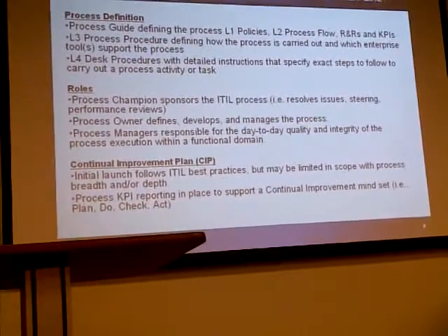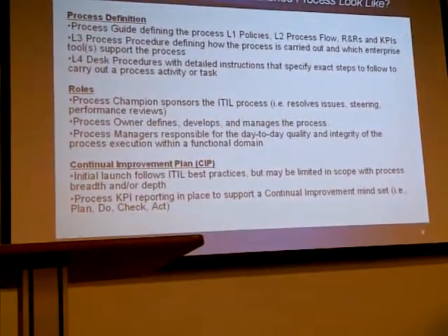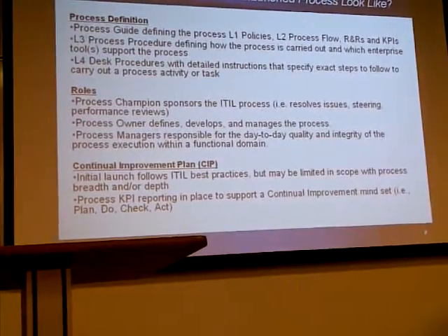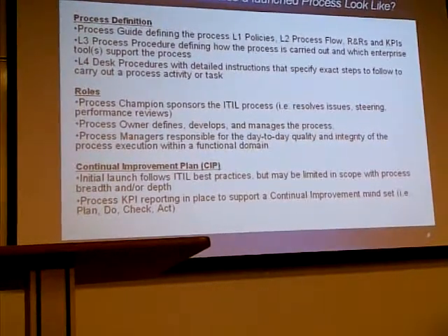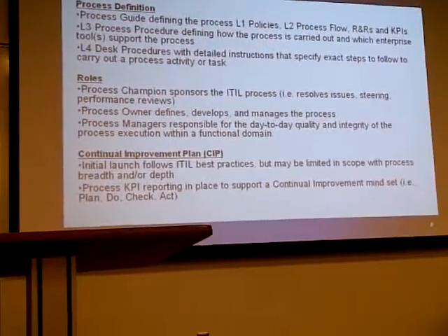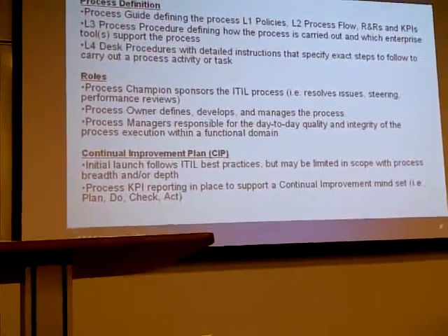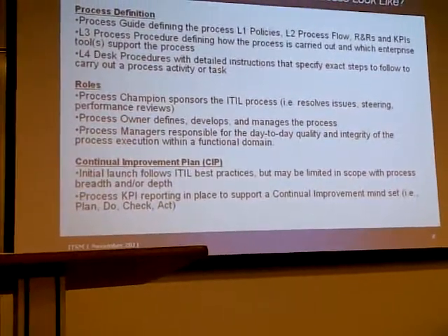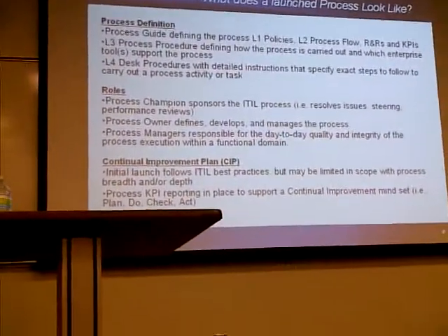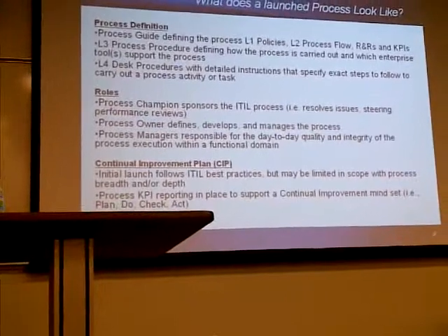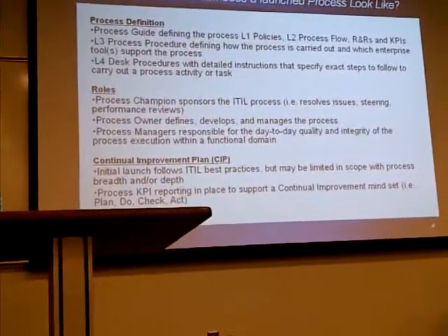We define the policies, process, roles and responsibilities for executing the process, and the key performance indicators, or KPIs, to show how we're going to measure the success or the performance of the process and really drive some behaviors to achieve those performance goals.